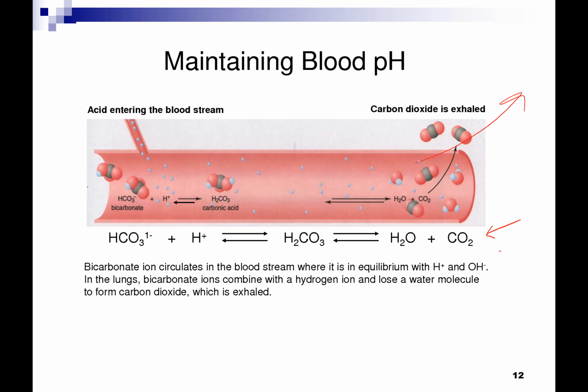So we're constantly producing carbon dioxide that goes into our blood and then gets to our lungs and we get rid of it. You can also have acid entering the blood. And when there's too much acid, bicarbonate binds the acid and makes carbonic acid. So it's removing that H plus and bringing down the pH.